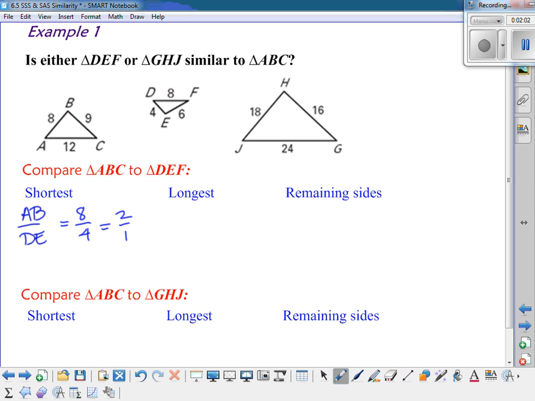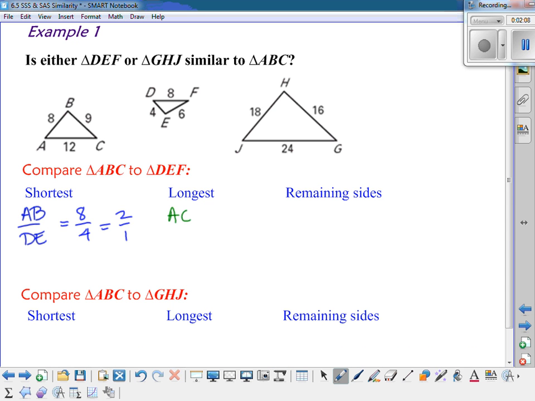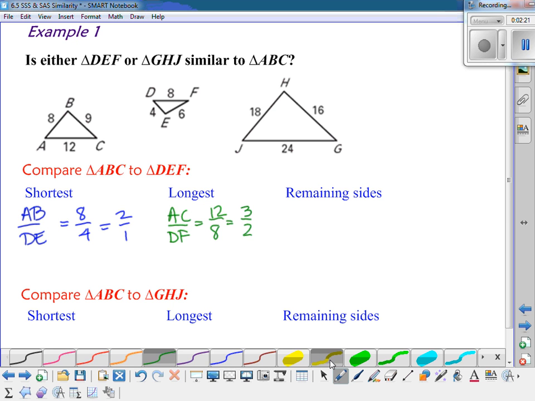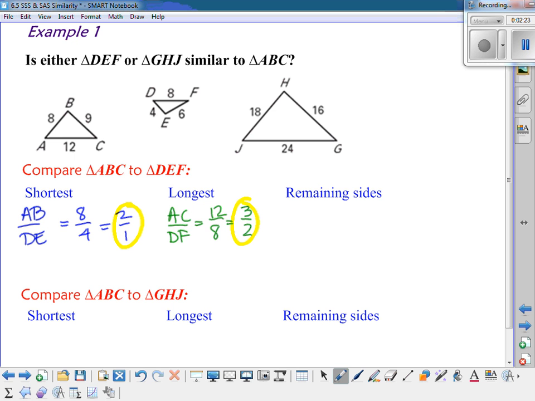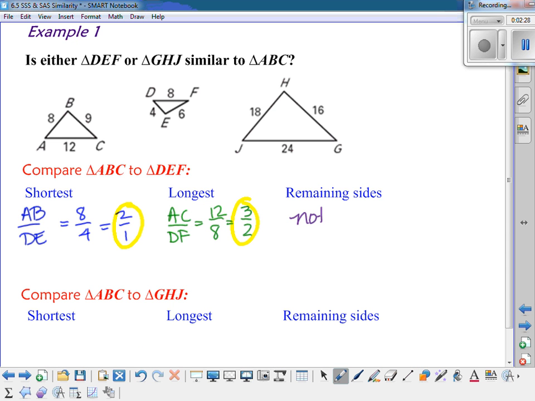Then I look at their longest sides. So the longest side on ABC is AC, and the longest side for DEF is DF. AC is 12 units, DF is 8 units. Well, that reduces, but not to the same. I have two different ratios. So that means that those two triangles are not similar.